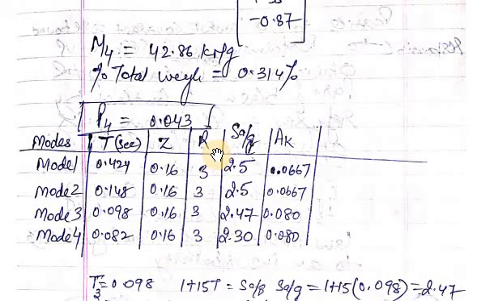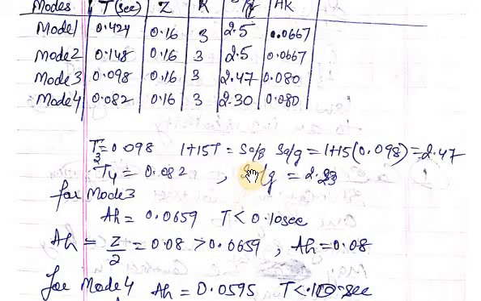Similarly, your value of R, as it is OMRF, is 3. Your value of Sa/g should be here, and your value of Ah is here. Refer to your code to get these values that I have taken here. Your code 1893. All these values you will get from code 1893 2016.